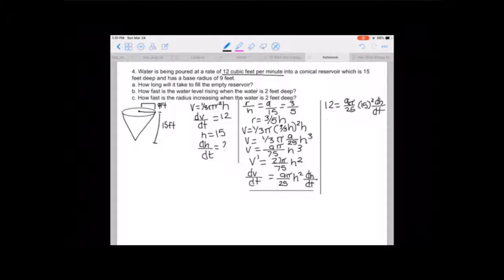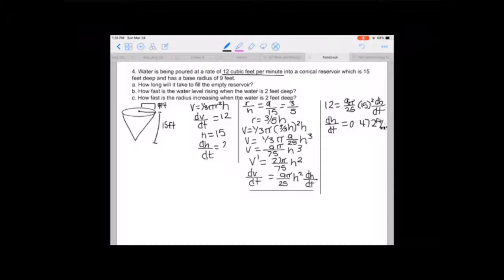And now we can simplify and isolate dh over dt, which gives us 0.472 feet per minute.